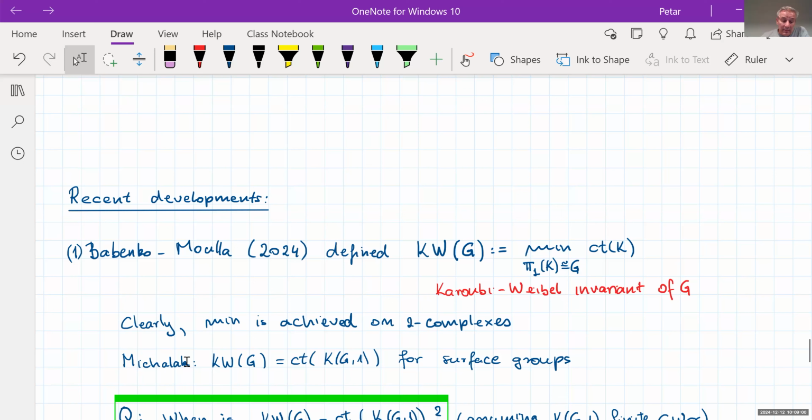And also, you can ask whether this Karoubi-Weibel invariant of G is just the covering type of a corresponding Eilenberg-MacLane space. And Łukasz Michalak proved that for surface groups. I must mention that this is actually stated in the Babenko-Mula paper, but without proof.